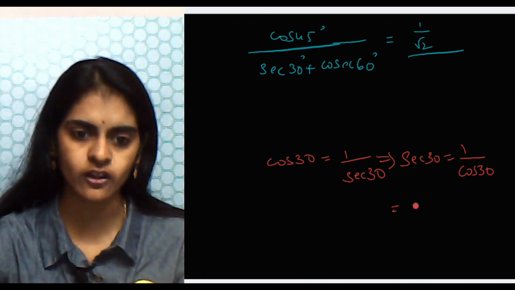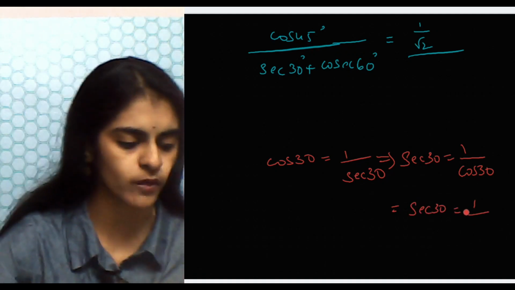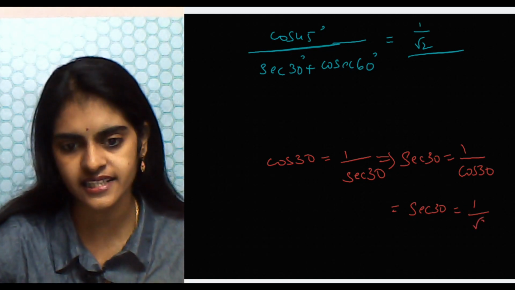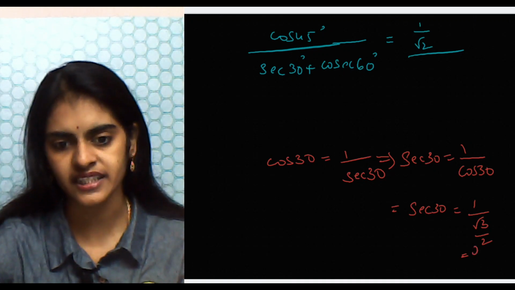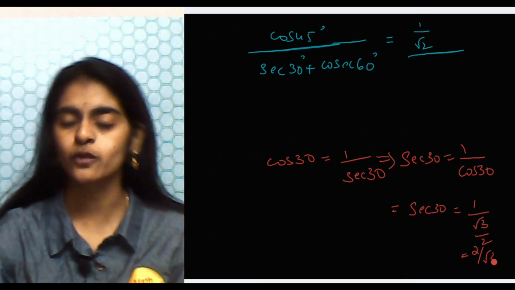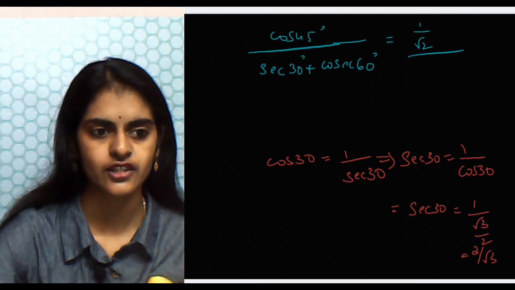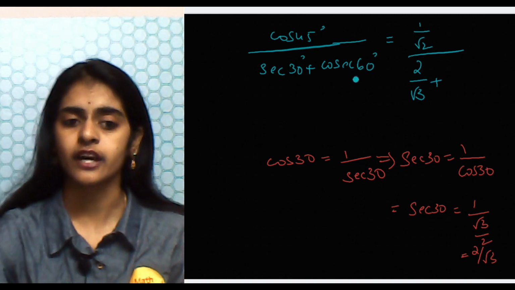So let us write it now. Secant 30 is equal to 1 divided by cos 30. Cos 30 is root 3 divided by 2. Going to the numerator, this becomes 2 divided by root 3. So secant 30 is nothing but 2 divided by root 3. Let us write it here: 2 divided by root 3 plus, now cosecant 60.